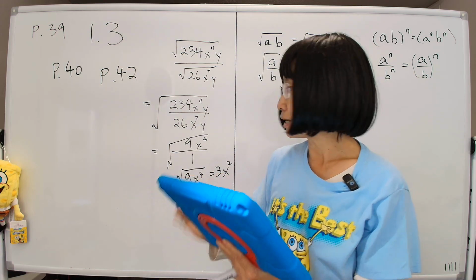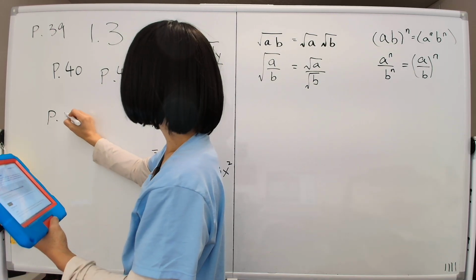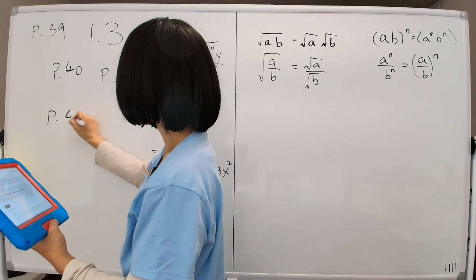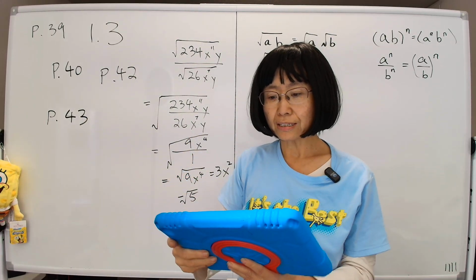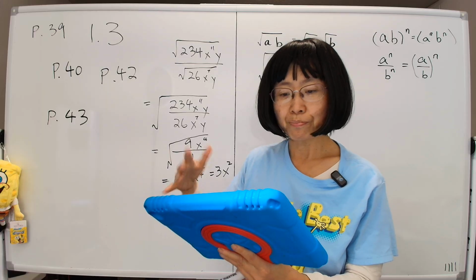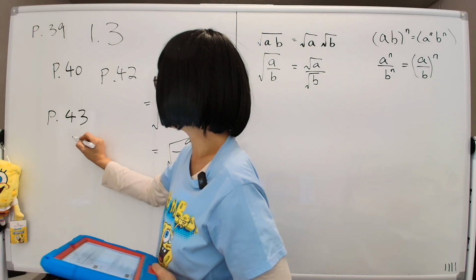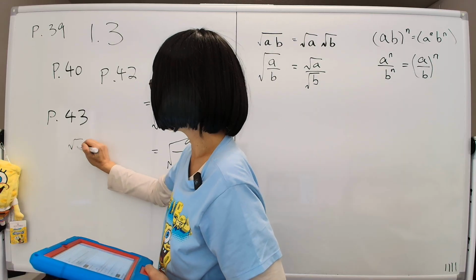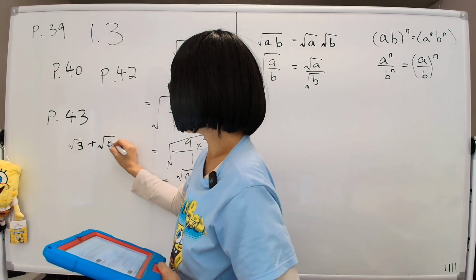Okay, now we are at page 43, where we're going to do some addition and subtraction. To do addition and subtraction, the trick is that we're going to make things look similar. Because, for example, if you have square root of 3 plus square root of 5, there's nothing to do.